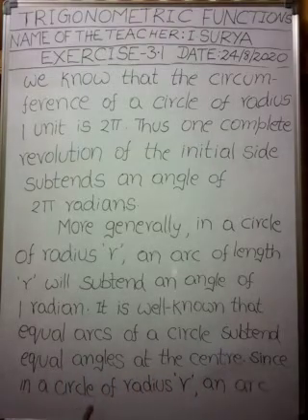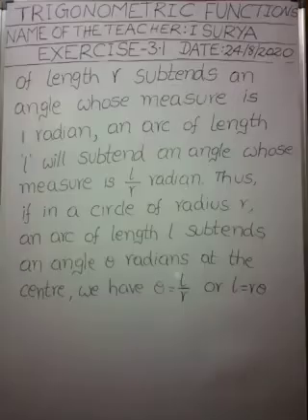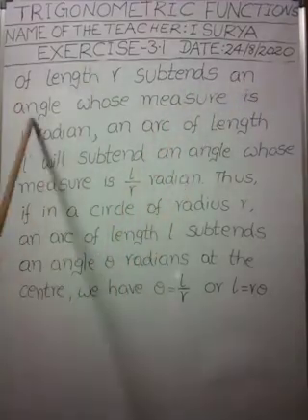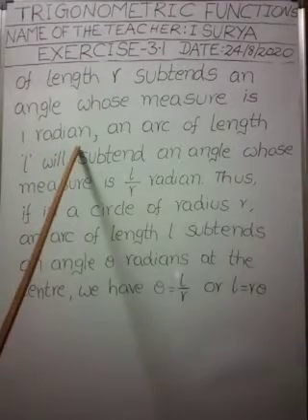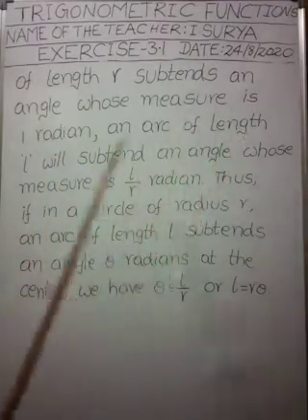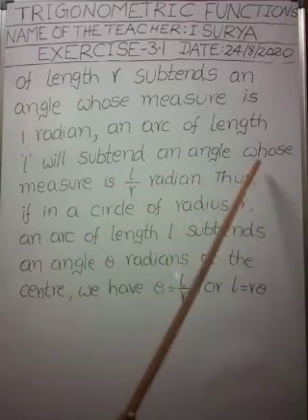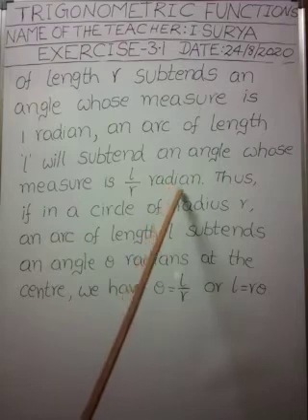Since in a circle of radius r, an arc of length r subtends an angle whose measure is 1 radian, an arc of length L will subtend an angle whose measure is L by r radian.